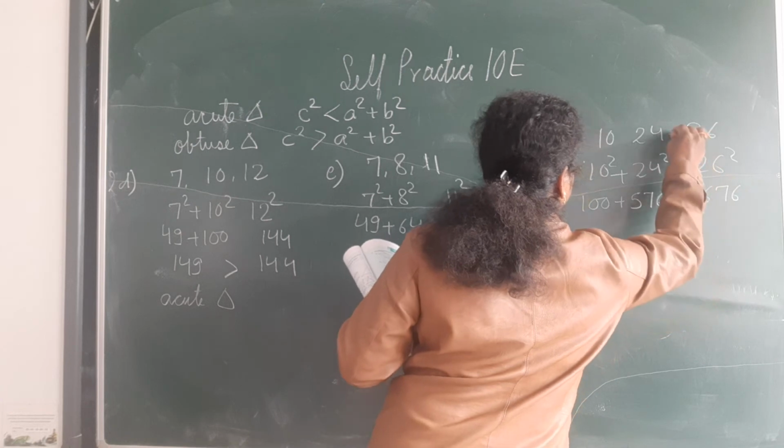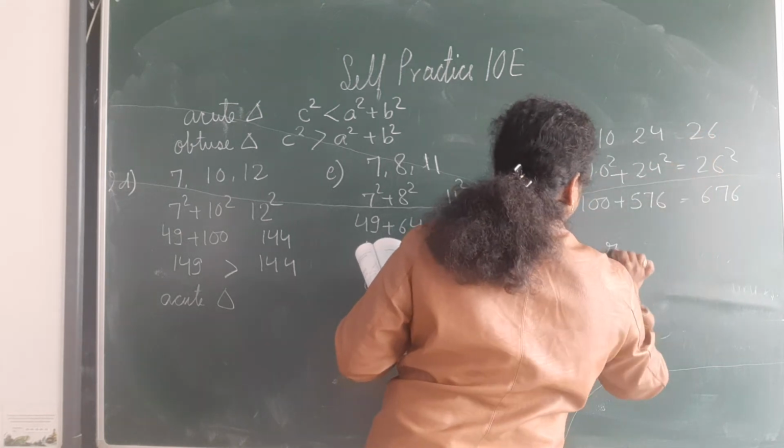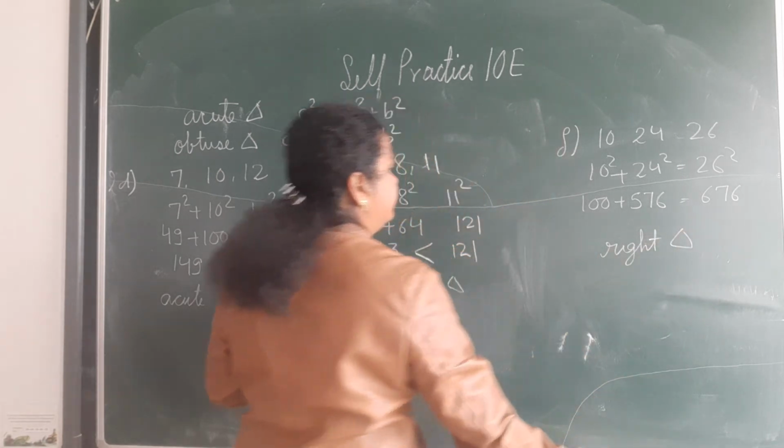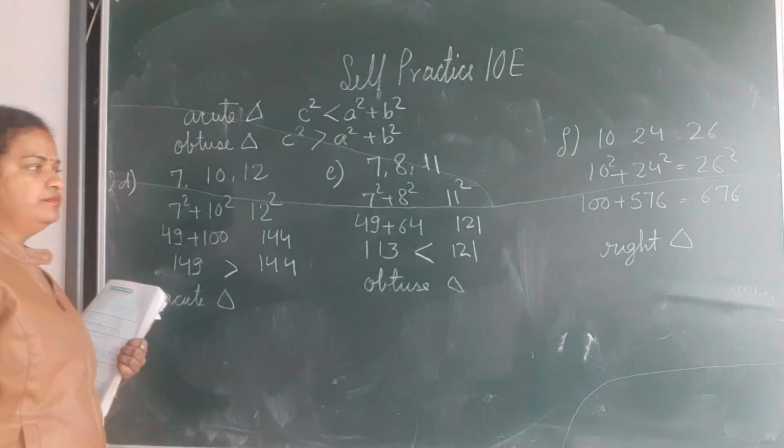It is equal, so it is a right triangle. If it is equal, it will be a right triangle.